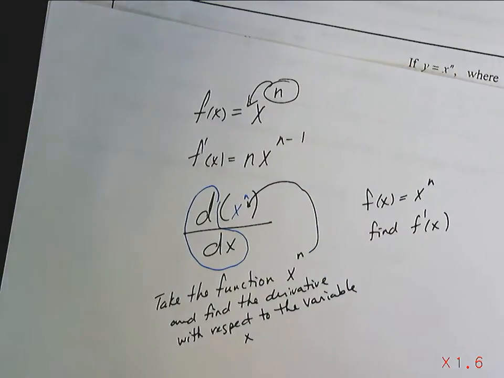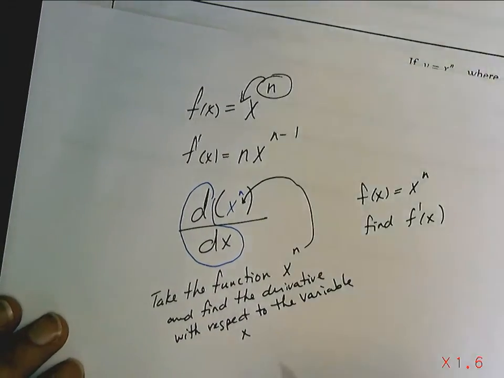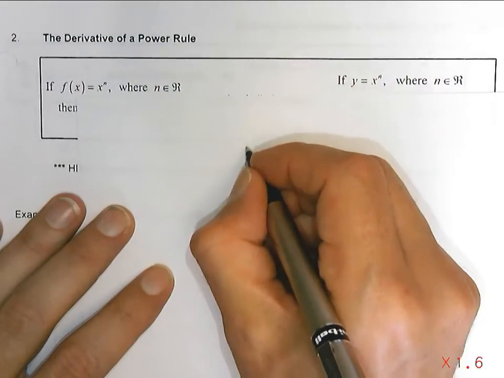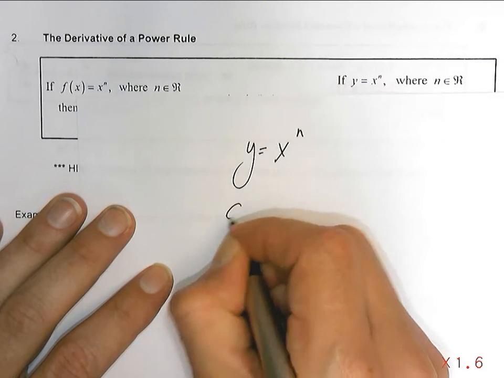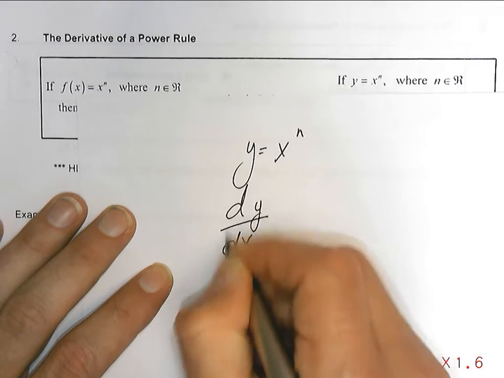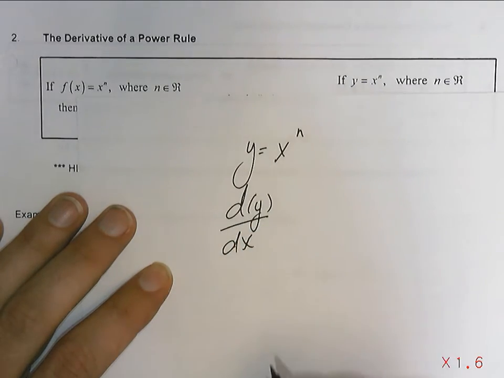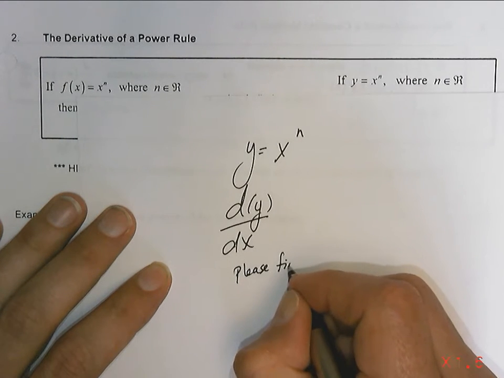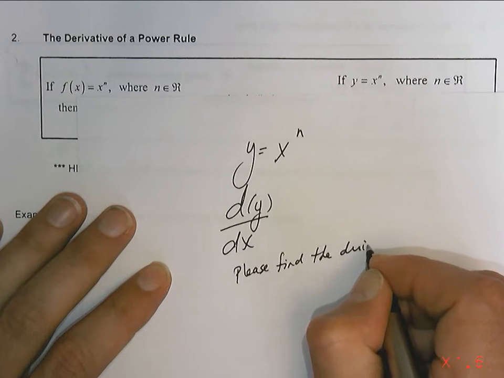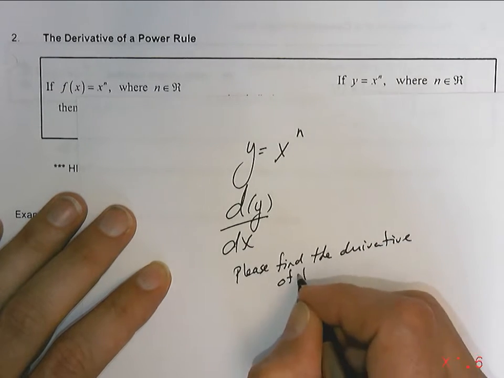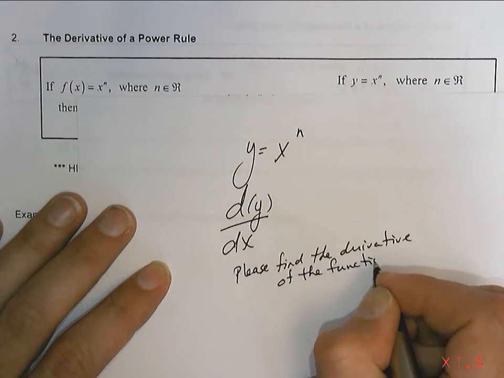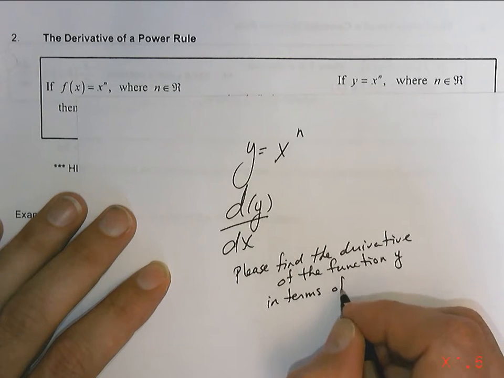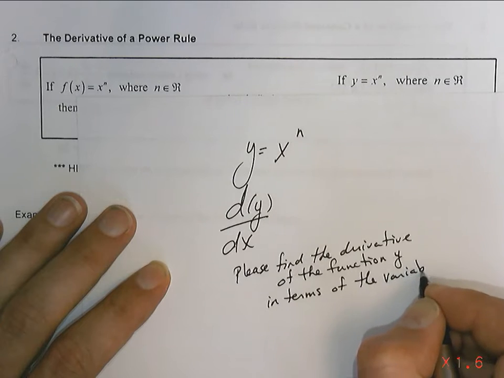That's the notation, and I can't tell you how important it is. So what this says over here, don't get so freaked out. This is saying, what if I have a function and I want to call it y? This dy by dx could have brackets around it, which says, very formally, please find the derivative of the function y with respect to the variable x.